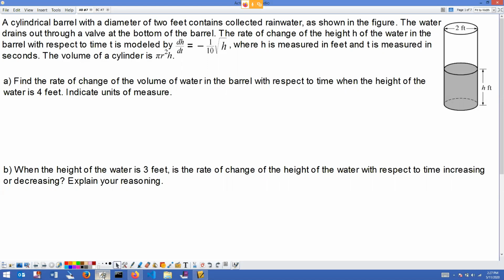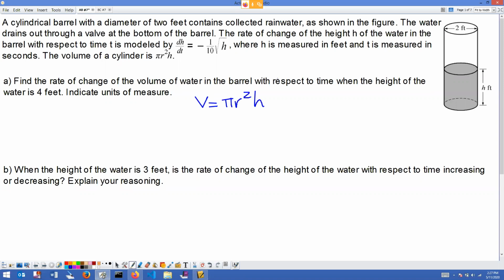And so it gives us the rate of change of the height of the water. And if we're looking for the rate of change of the volume, then we just need to use the volume formula that they gave to us. They gave us volume equals pi r squared h.